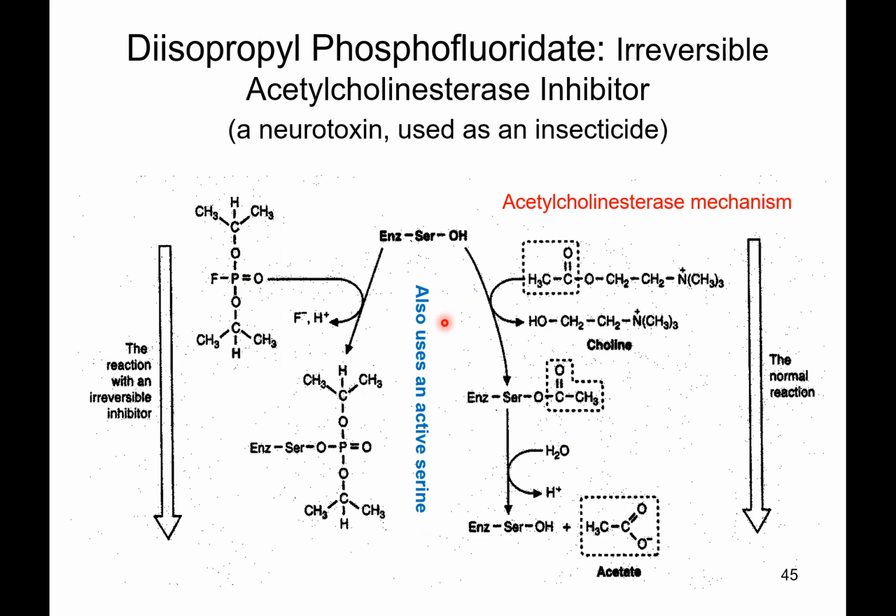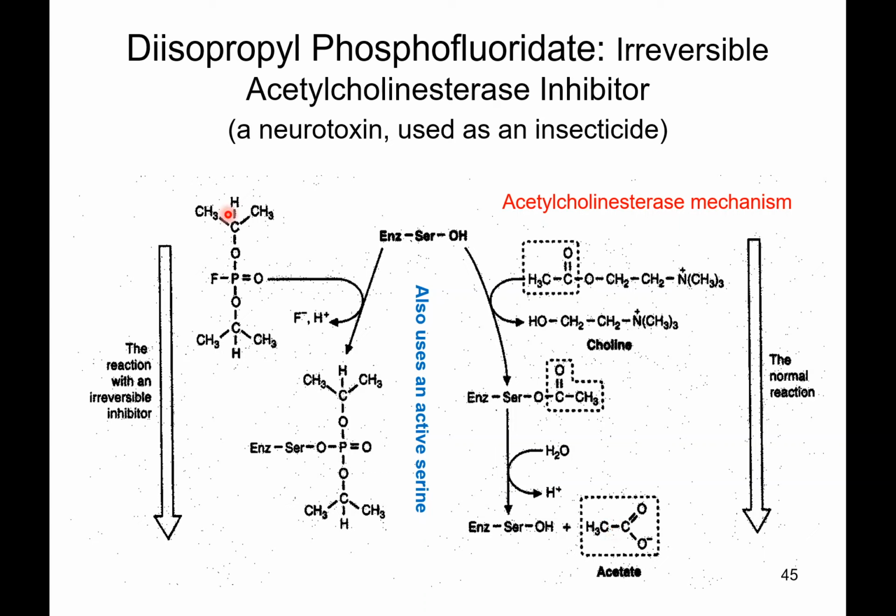And really this is the enzyme acetylcholine transferase, where you have acetylcholine, you take an acetyl group off of that, right? So here you have your serine, it grabs the acetyl group, choline leaves, and then it transfers the acetyl group in this case to water, to make acetate. Right?